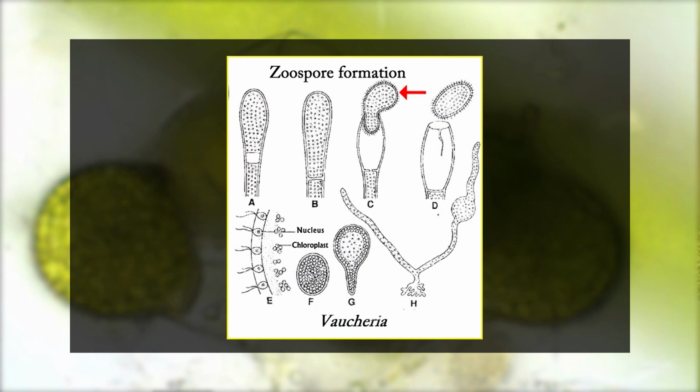The sporangial protoplast now shrinks slightly and produces numerous flagella. This multiflagellated and multinucleated body thus formed is called zoospore.